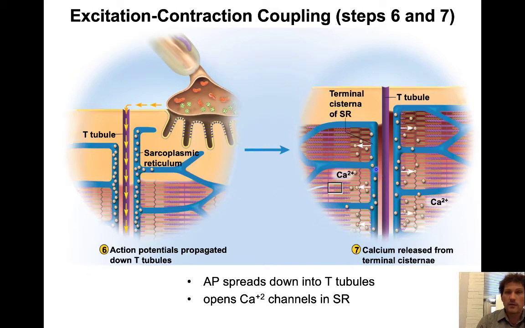On the right, we see that calcium being released into the cytosol, okay? And so that calcium is now spread out throughout the cytosol, surrounding our myofibrils and our myofilaments. And so hopefully now you're thinking, well, okay, calcium is really important, so how is this going to do anything?